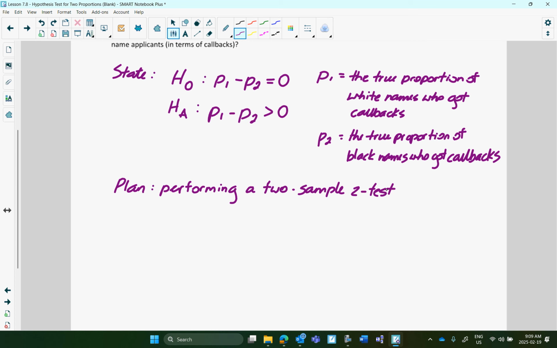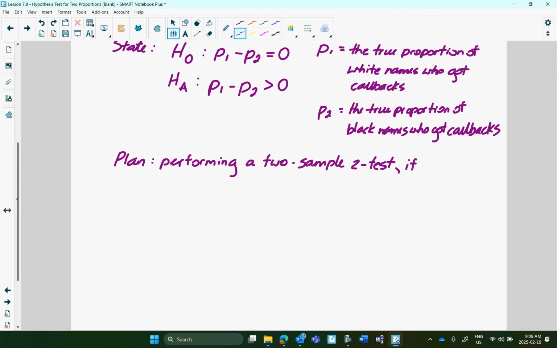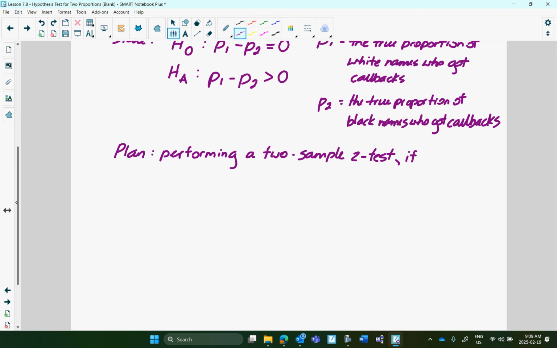And because it's a hypothesis test, we use test. And then the conditions. I should say performing a two-sample z-test for P1 minus P2. Not a huge deal if you just put that in. Okay.